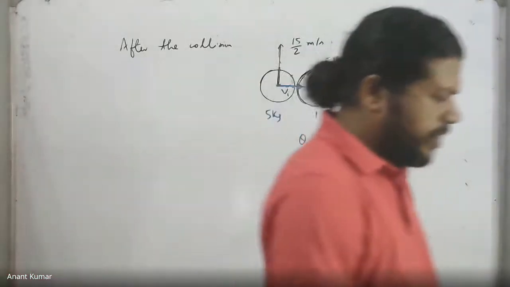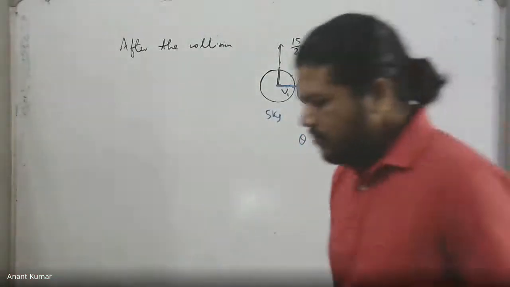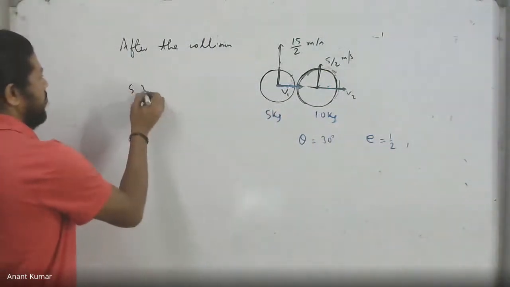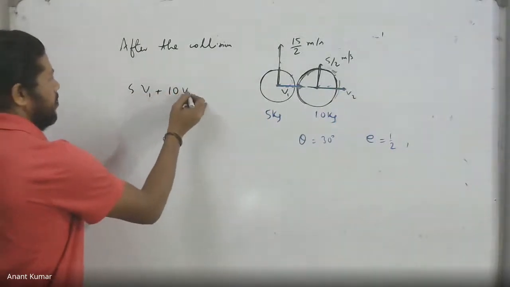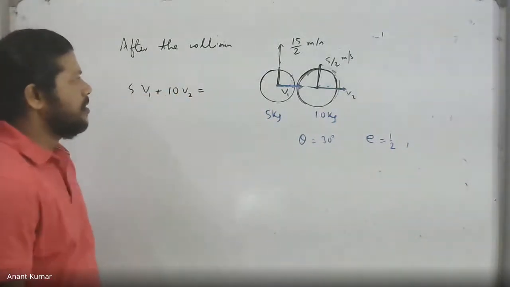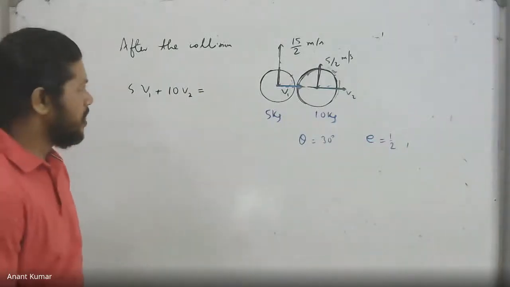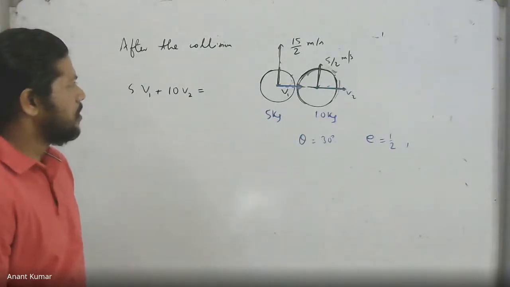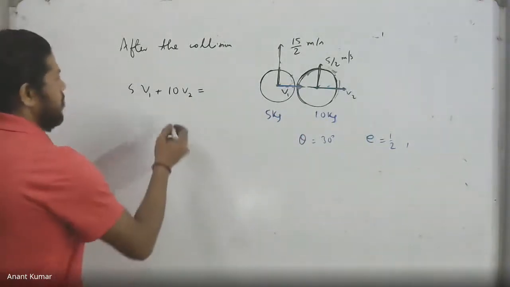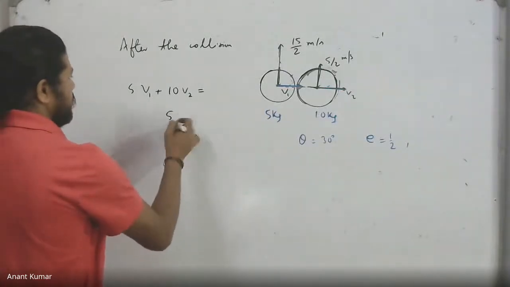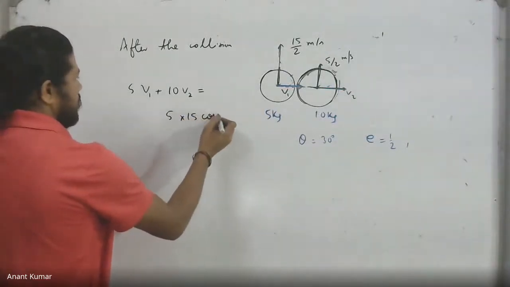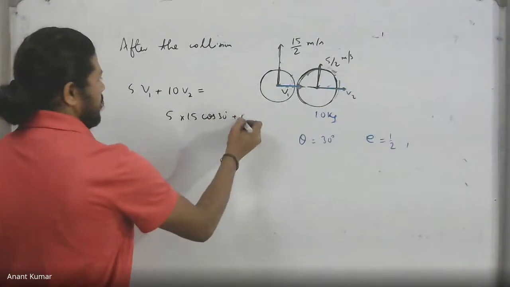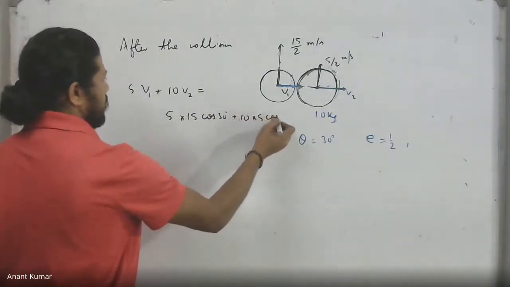First of all, the momentum will be conserved because this is a closed system actually. Momentum conservation gives us 5 into V1 plus 10 into V2. This should be equal to the previous momentum, which was 5 into 15 cos 30 degrees plus 10 kg into 5 cos 30 degrees.